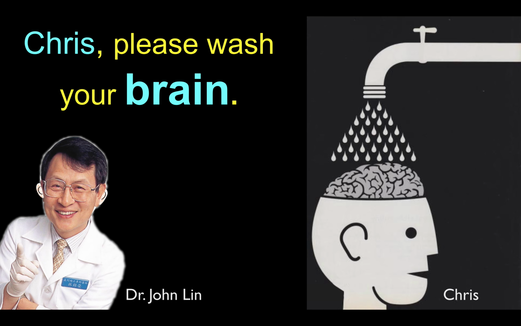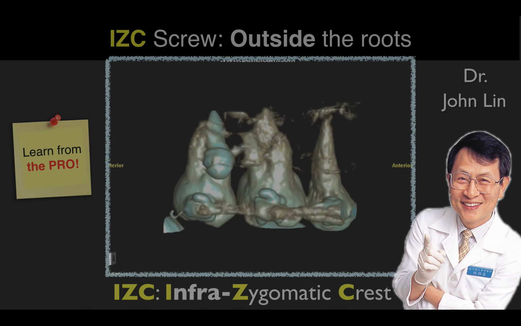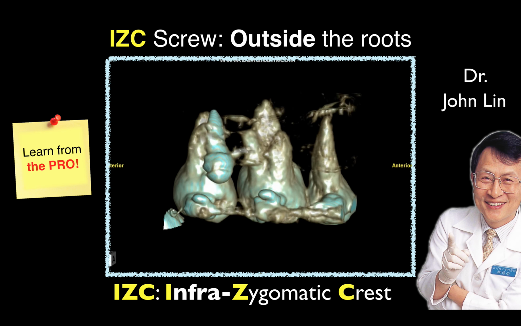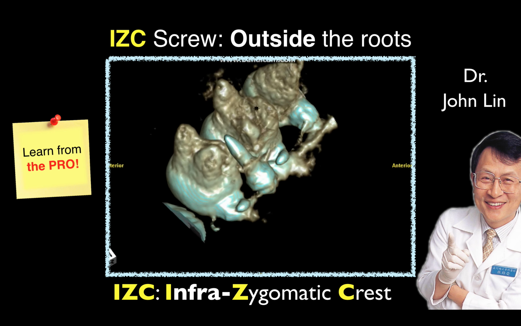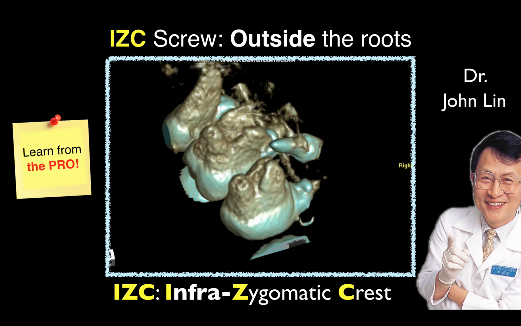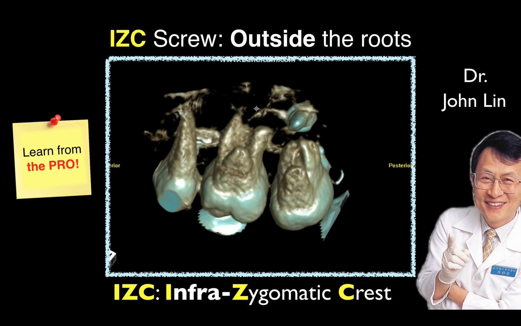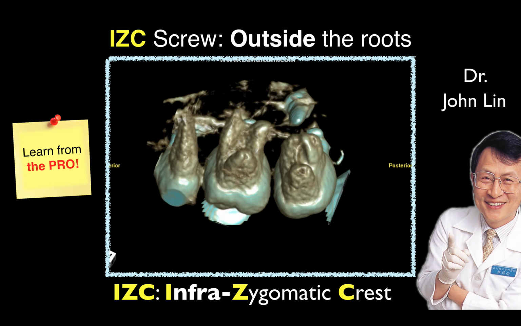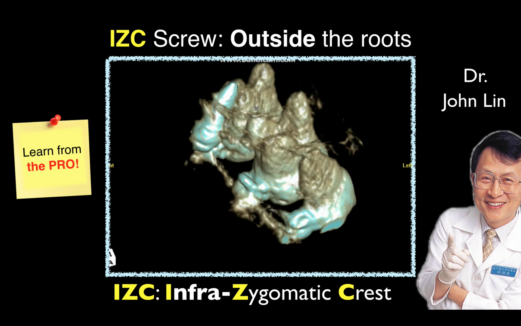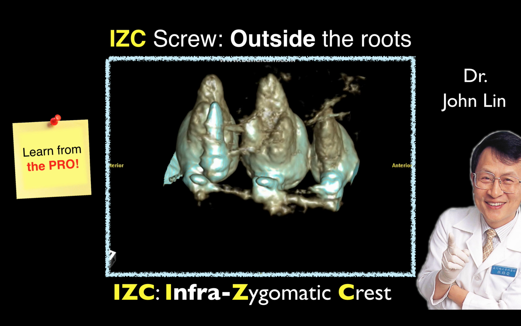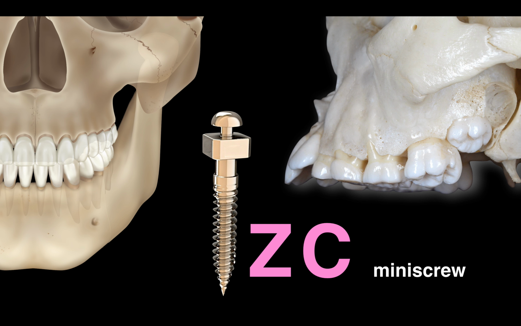It took me 6 months to figure out how to put a screw outside the root in the basin. If you can put a screw outside the root, you'll be able to move the whole dentition backward and forward because the root is not in the way. Finally, we figured out the infra-zygomatic crest is the way to go.